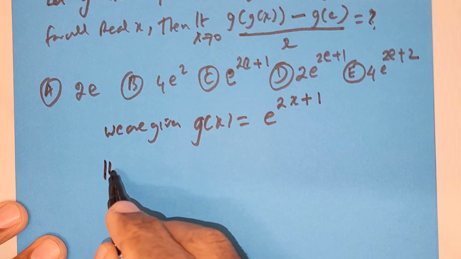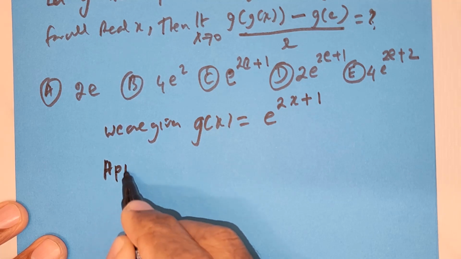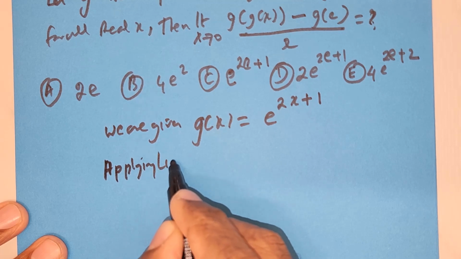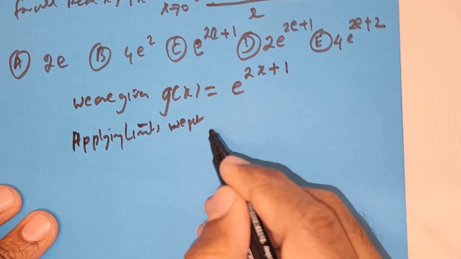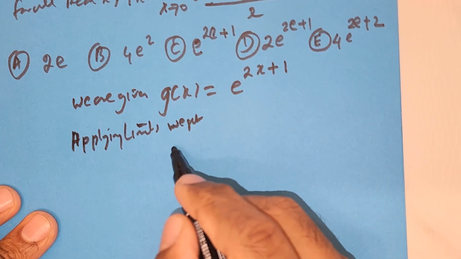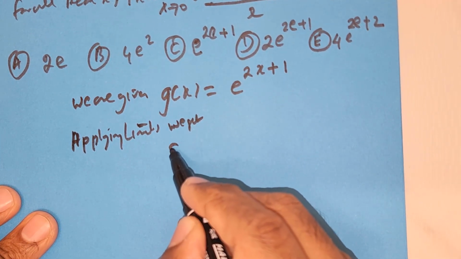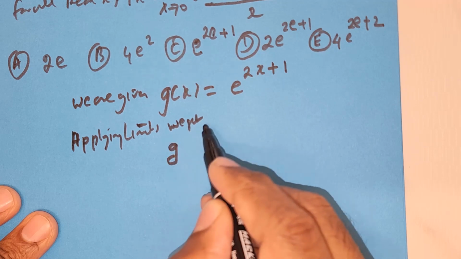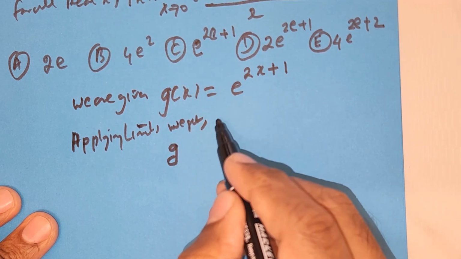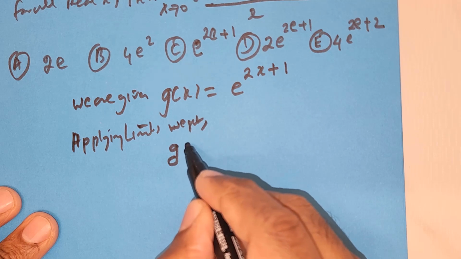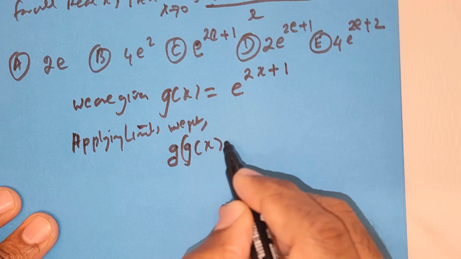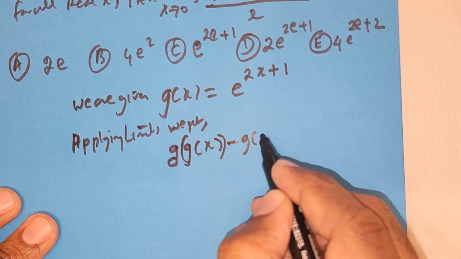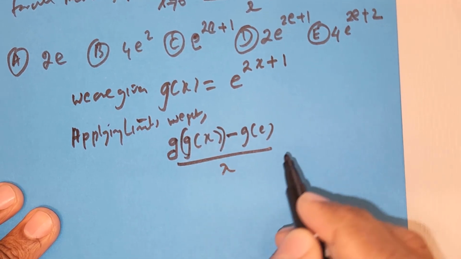Now what I'm going to do is apply limits. So where are you supposed to apply the limits? You are supposed to apply the limits of x tending to 0 to g of g of x minus g of e divided by x.